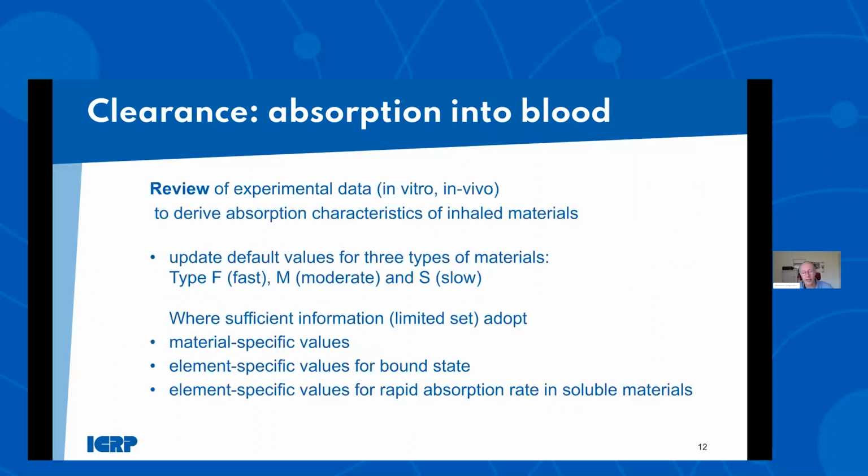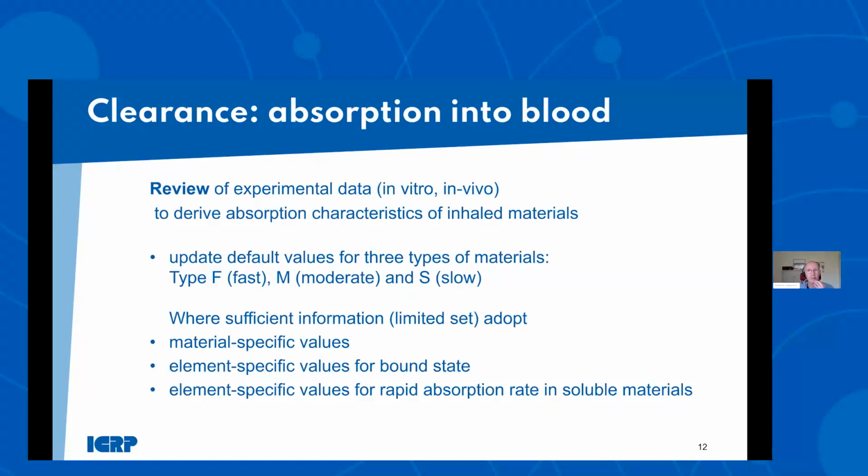So in the revised model, the structure of the compartments is not changed, it's the same, but we have revised the values of the parameters of the absorption model. There has been a review of the experimental data to derive the absorption characteristics of all possible materials which are relevant to radiological protection.